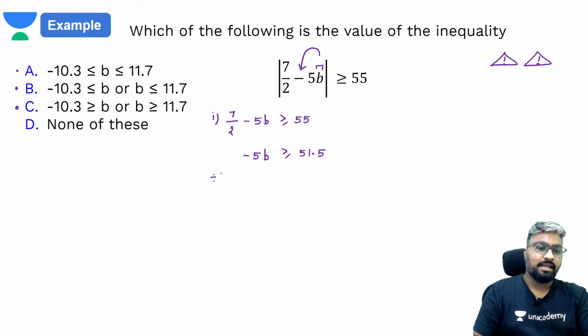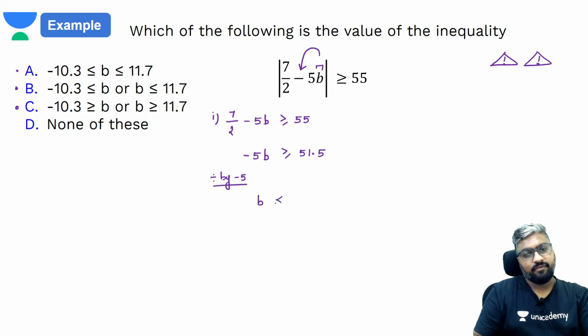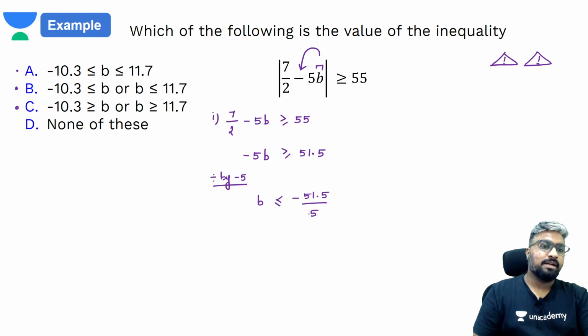Dividing with -5, नेगेटिव से डिवाइड कर रहे हो, ध्यान में रखना. क्या हो जाएगा? b साइन फ्लिप, -51.5 by 5 है ना. क्यों माइनस? क्योंकि -5 से आप डिवाइड कर रहे हो. This is equal to what? 10.3. So b is less than or equal to -10.3. This will be one of our solutions.